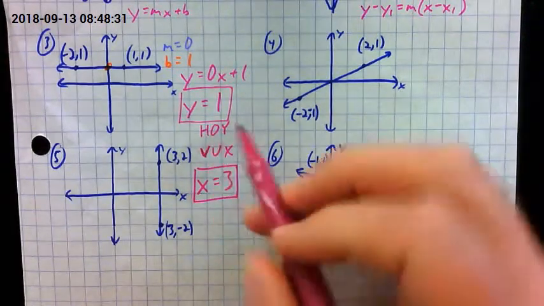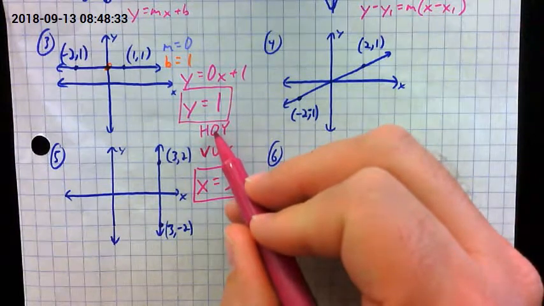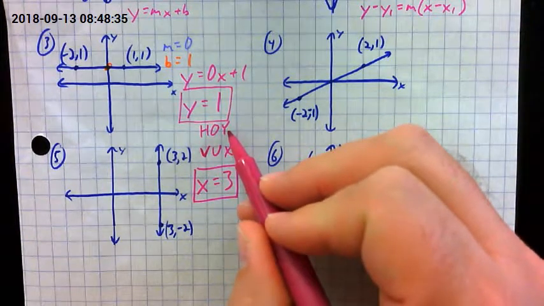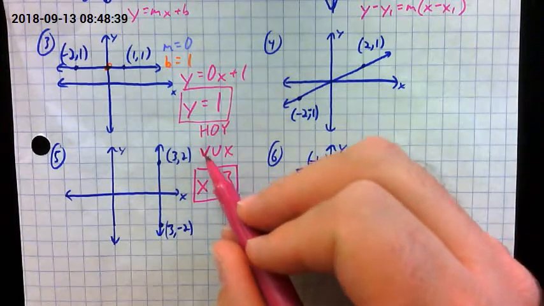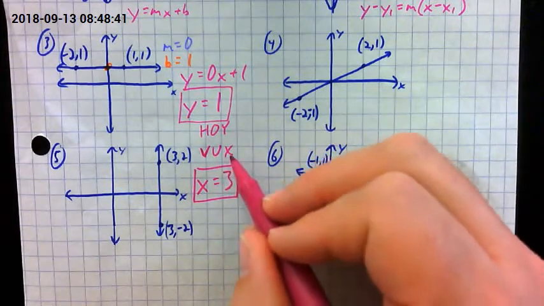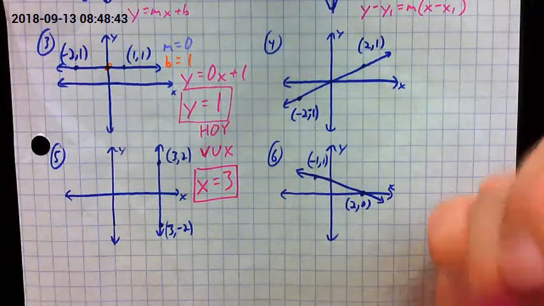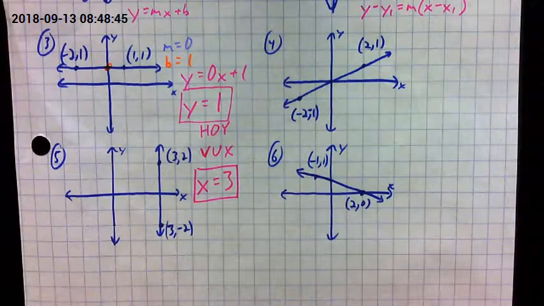Horizontal lines have a 0 slope and are set equal to y. Vertical lines have an undefined slope and are equal to x. Hoi vux. Just something simple that you can memorize. So horizontal, 0 slope, equal to y. Vertical line, undefined slope, equal to x. And that's what that represents.